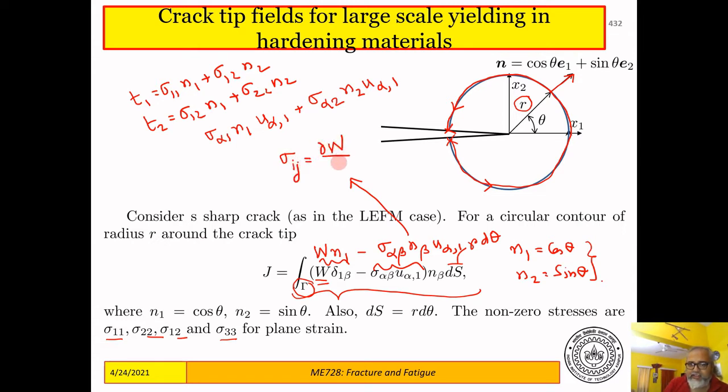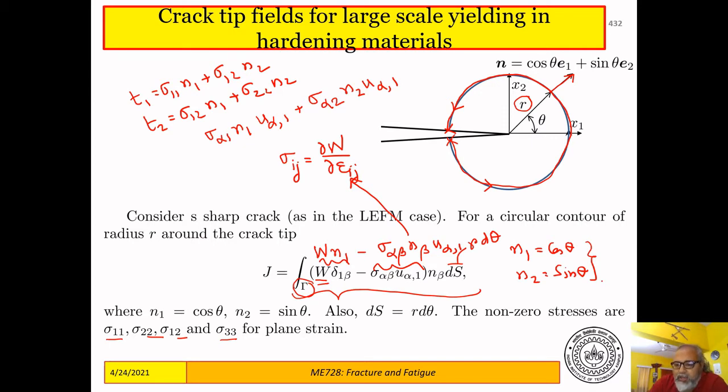W is a function of strains, and when we derived the J integral, we assumed that a scalar function W exists, so that its derivative with respect to the strains gives you the stresses. Now, it turns out that for incremental theory of plasticity, where you have a relation between increments of stress and increments of strain, W cannot exist, because incremental theory of plasticity has two branches, a loading branch and an unloading branch, actually three branches: an elastic loading branch, a plastic loading branch, and an unloading branch.